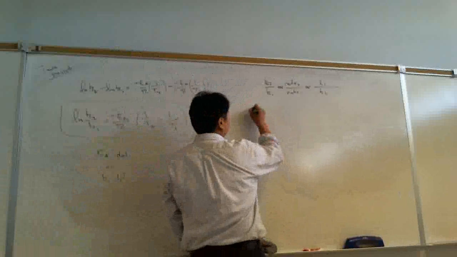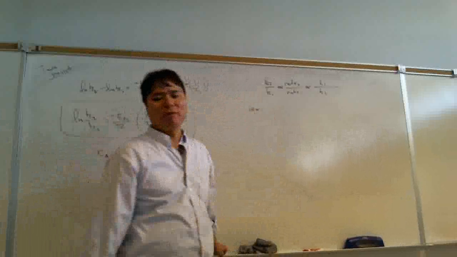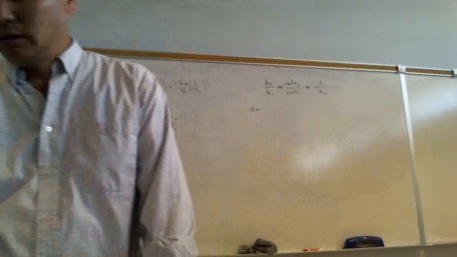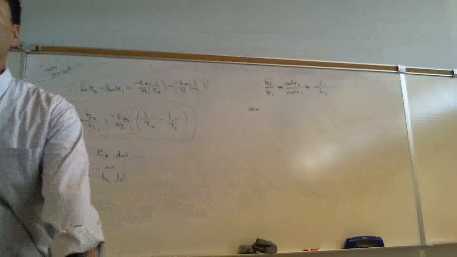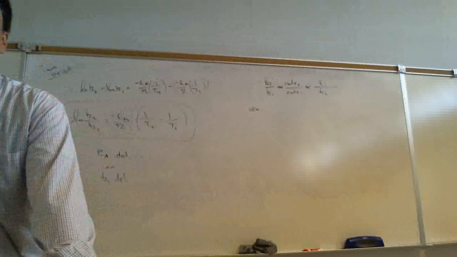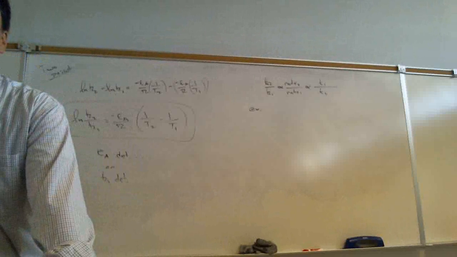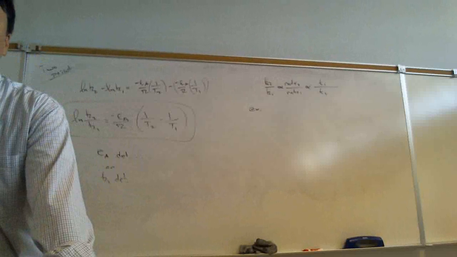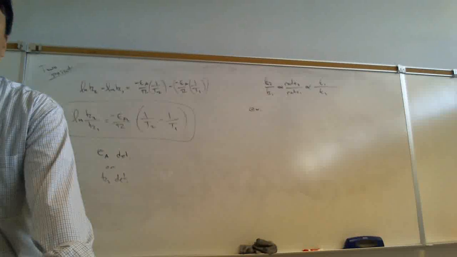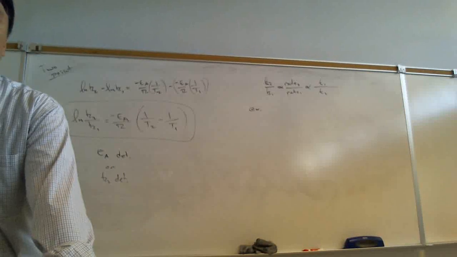And so one example, in talking with rates, is in cooking. There used to be a rule, and the rule is for every 10 degrees C temperature increase, the food cooks twice as fast.